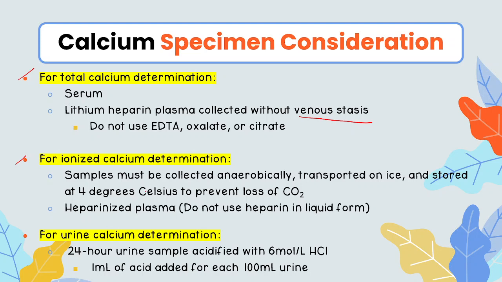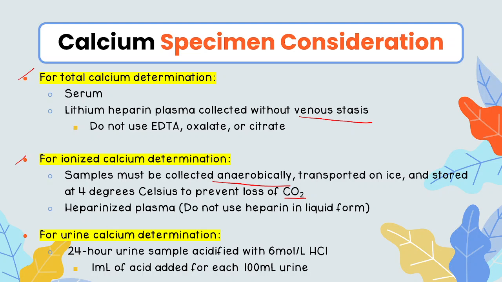So, for your ionized calcium determination, kids, sample must be collected anaerobically, transported on ice, and stored at 4 degrees Celsius to prevent loss of carbon dioxide. Now, what is the relationship of the loss of your carbon dioxide to your calcium? Bakit kailangan siya i-collect anaerobically?